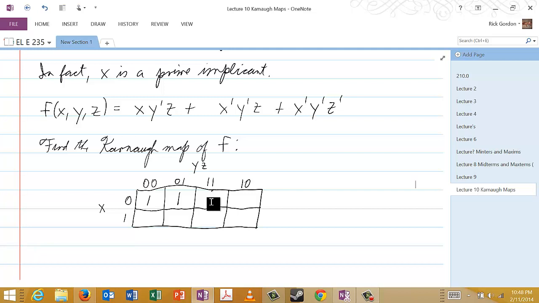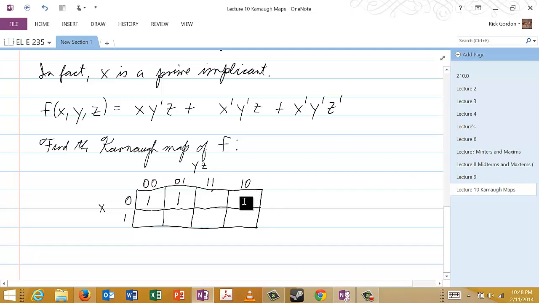Or if it's a case such as some of the ones we'll do later where we write down 0s, then in those where we don't write down a 0, we know that's supposed to be 1. So we don't write down both usually. That just clutters up the picture. We'll write down only one or the other. And don't worry at this point. You'll know whether you want to write down 1s or 0s a little bit later. But anyway, in this third cell, we have 0, and so we won't write that down.